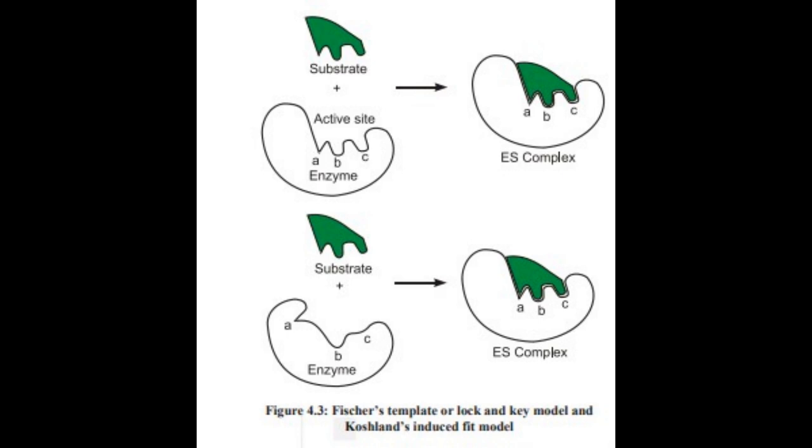Only when the substrate approaches the enzyme or during its binding, the conformation of the catalytic site changes so that the enzyme can hold the substrate properly, as shown in figure 4.4. This model, therefore, can suitably explain the non-competitive inhibition and allosteric modulation of the enzyme. We will learn about the non-competitive inhibition later in this unit in section 4.8.